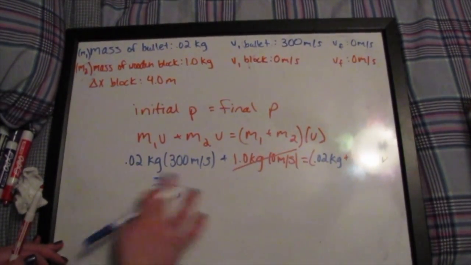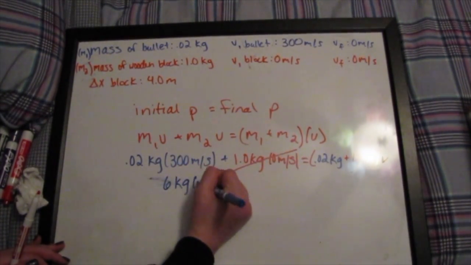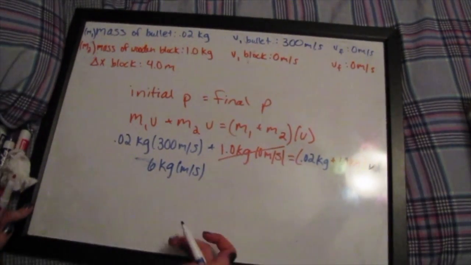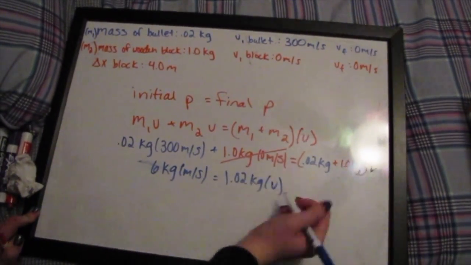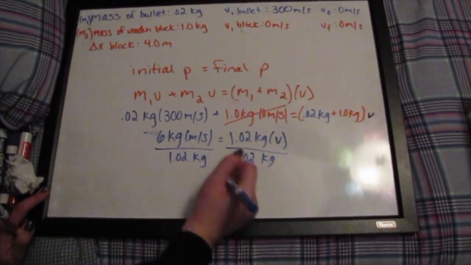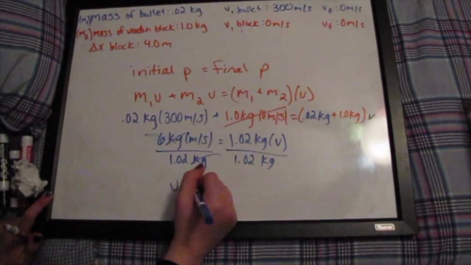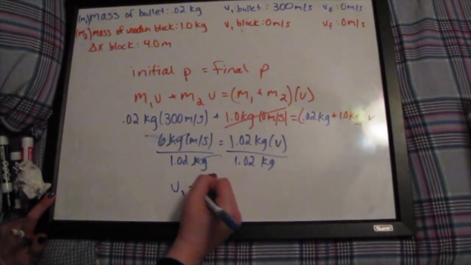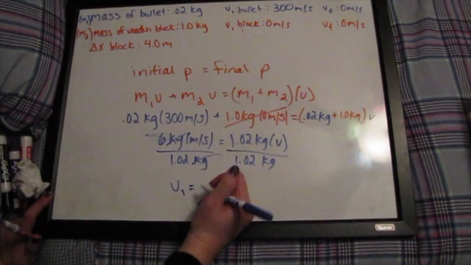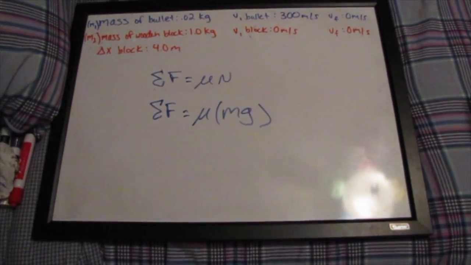And this multiplied together is 6 kilograms meters per second. And these labels do combine. Now we just divide to solve for V. So now we're dividing by kilograms, so these cancel. And V, this is our V initial, equals 5.88 meters per second.